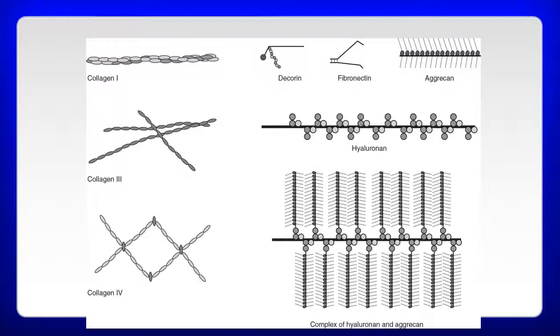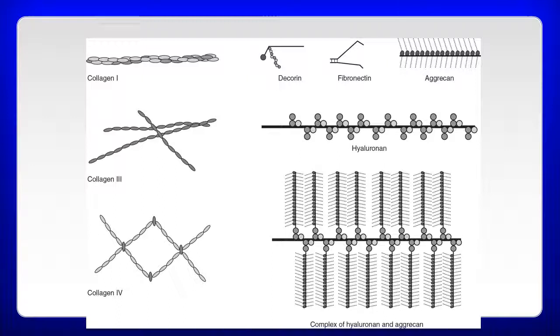Over on this side, we have a lot of the components of the proteoglycans. So here we have decorin, which is prominent in a lot of connective tissue. Aggrecan is very prominent in cartilage. Fibronectin is actually another fibrillary component that's very prominent in a lot of our other soft tissue. So fibronectin is actually still a more fiber-based component in our connective tissue.